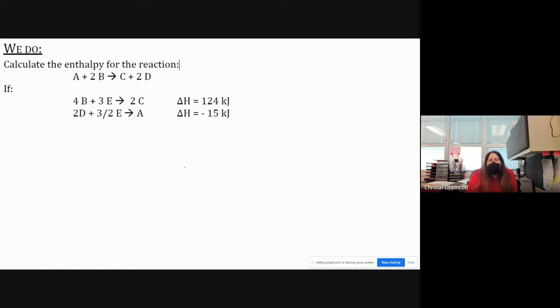So here, I need this as my overall reaction. So what needs to happen to this guy right here? Flip the bottom one. Yeah, but keep that the same. Okay, I'll flip the bottom one. And then you divide the whole thing by 2. So I flipped this one around. And then what do I got to do to the top one now? Divide it by 2.